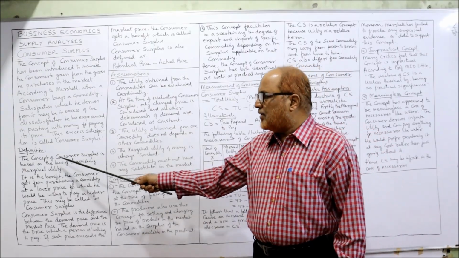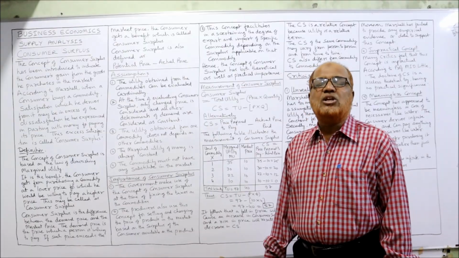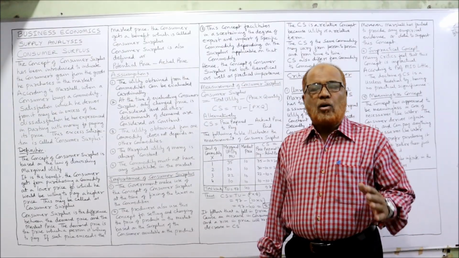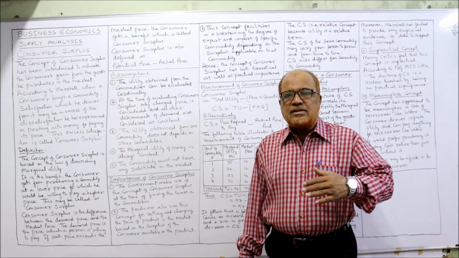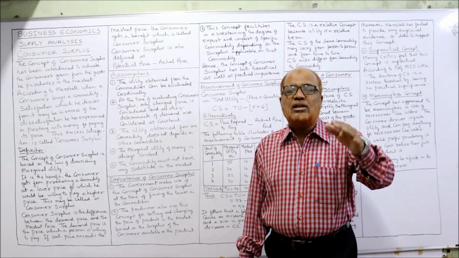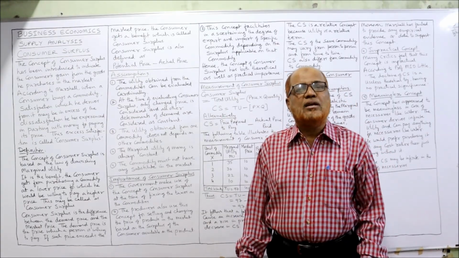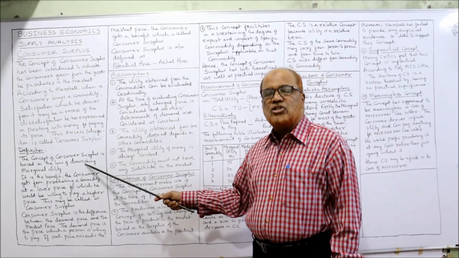Now, specifically the definition: the concept of consumer surplus is based on the law of diminishing marginal utility. I have already given one video on diminishing marginal utility. As a person consumes more and more of a commodity, the marginal utility goes on decreasing from additional units. That is the law of diminishing marginal utility.